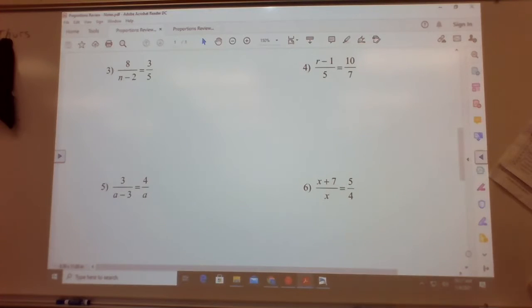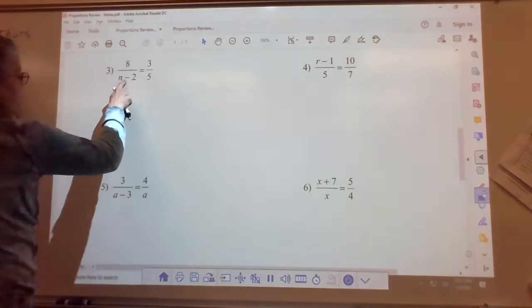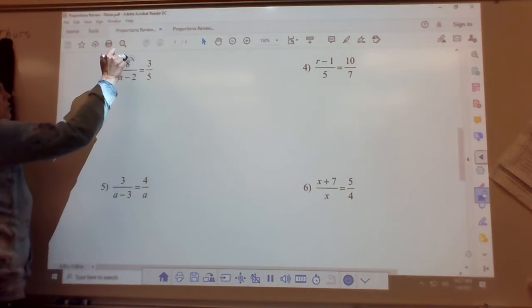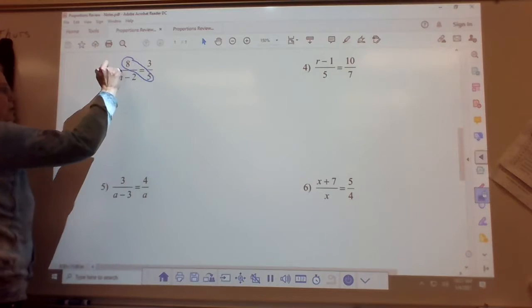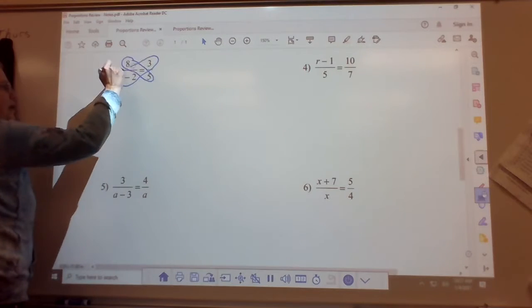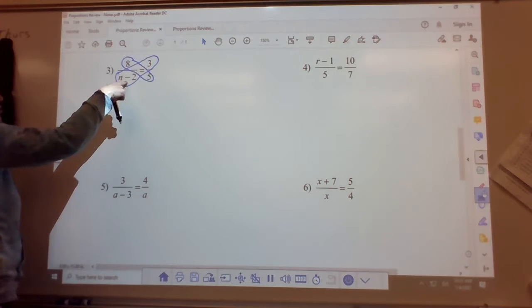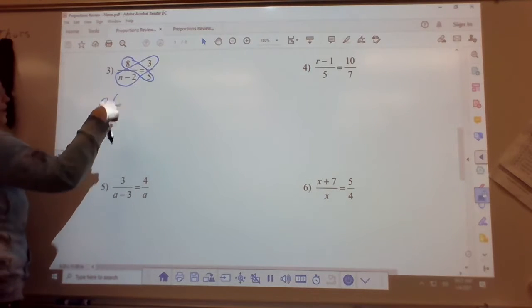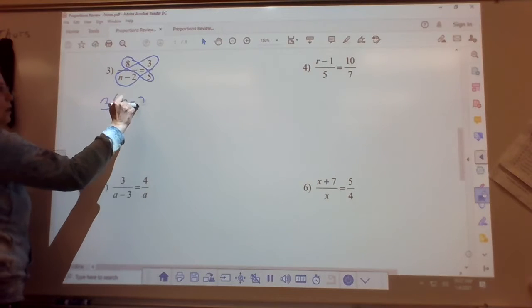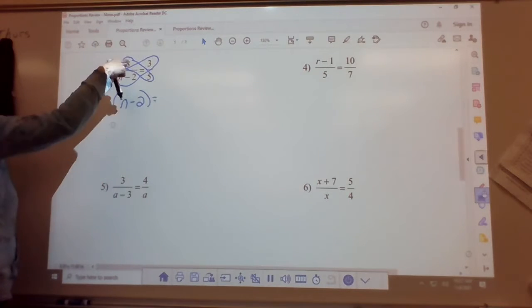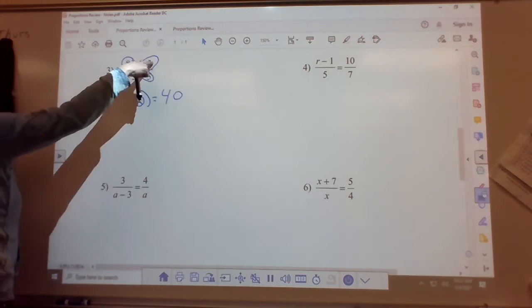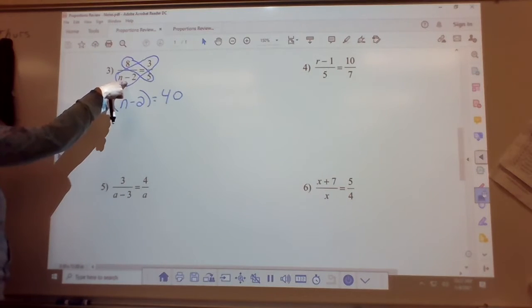Now the next two are a little bit trickier. If you notice, there isn't just a missing variable. This is a binomial, but we're going to start it the same way. So we're still going to multiply these diagonals. But when I multiply the 3 times n minus 2, I want to make sure and distribute. So to show that, I'm going to take 3 parentheses n minus 2 equals 8 times 5 is 40. So it's 3 times all of this corner.